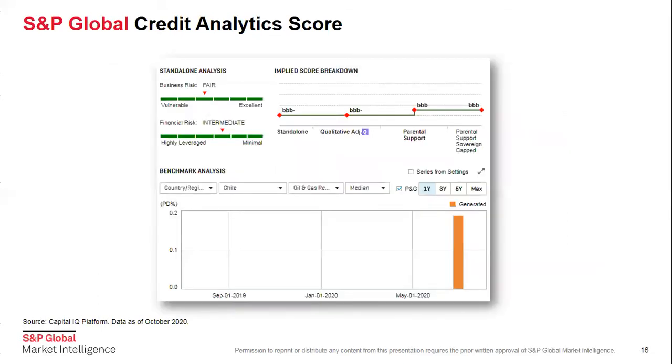Now, after this has been loaded in, we can see that yes, on a standalone basis, we were a BBB minus, but now we have gone up one notch using the parental support, or the implicit support of the group, to a BBB. So now we know that the implicit support of the group is a positive for the base case which we are making with the company that we are reviewing currently.